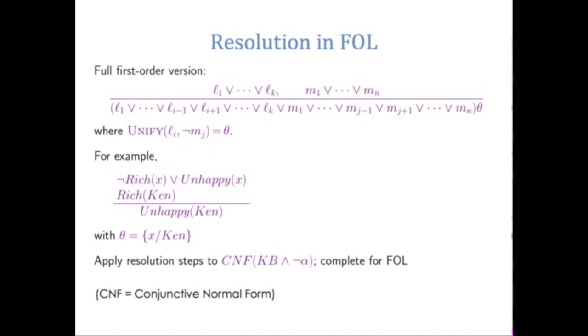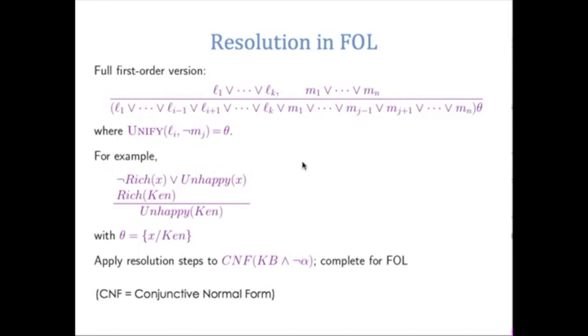So let's say we have the following clauses: not rich X or unhappy X. Now, just for intuition purposes, we know that not rich or unhappy could also be expressed in implications, so that not rich or unhappy is the same as rich implies unhappy.